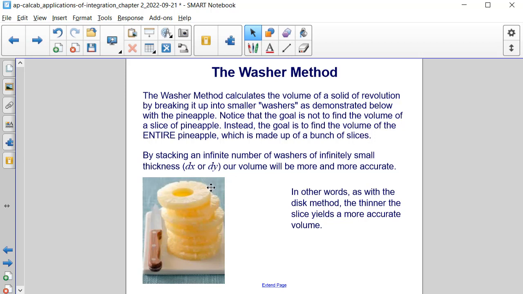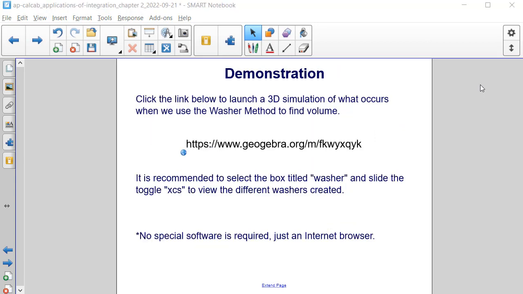Instead, the goal is to find the volume of an entire pineapple, or all of these slices added up. By stacking an infinite number of washers of infinitely small thickness, dx or dy, our volume will be more and more accurate. In other words, as with the disk method, the thinner the slice, the more accurate the volume.